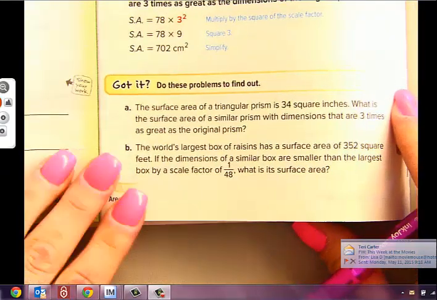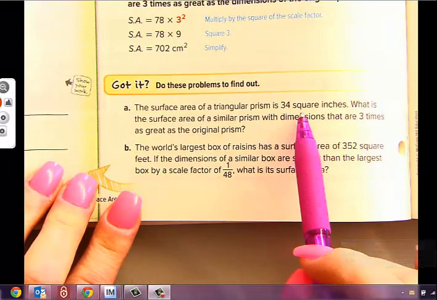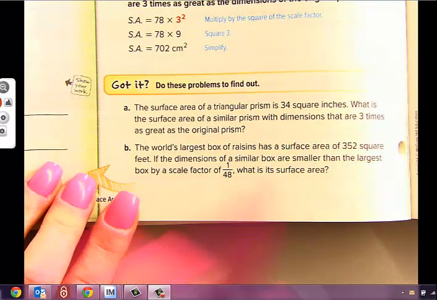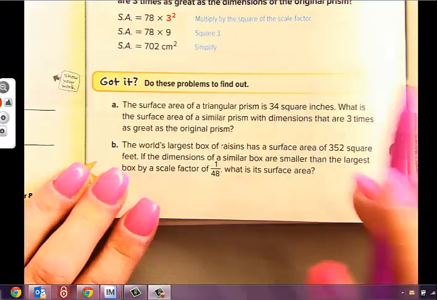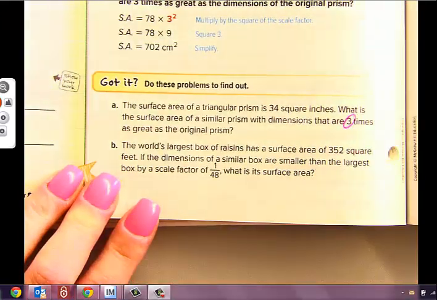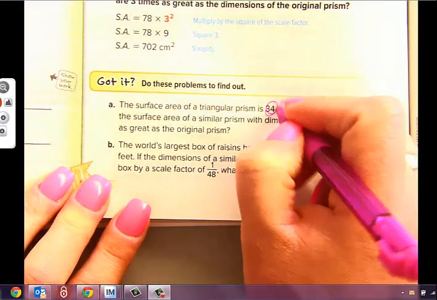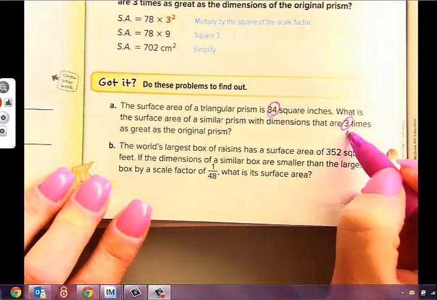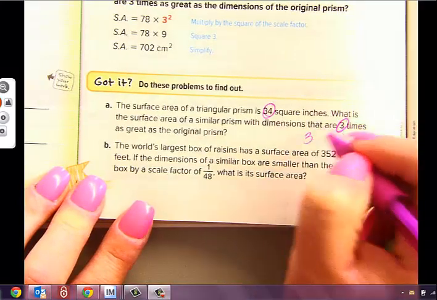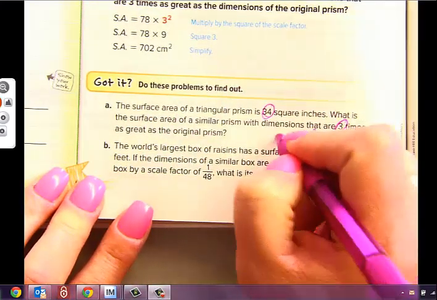It says the surface area of a triangular prism is 34 square inches. What is the surface area of a similar prism? All I really need is the scale factor. Here's my scale factor, because it's 3 times larger. And here's my original. Because I'm dealing with surface area, I square the scale factor and take that times my original measurement.